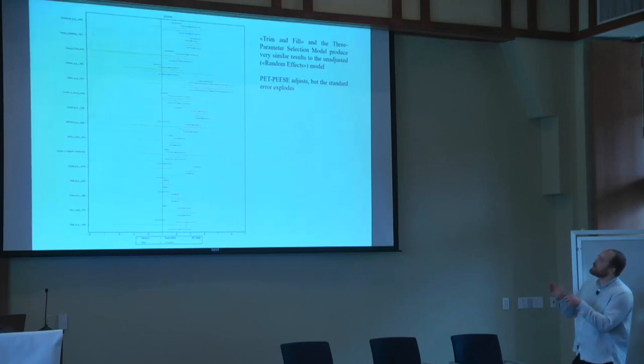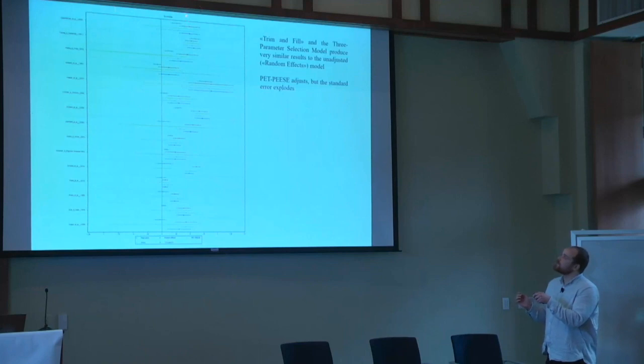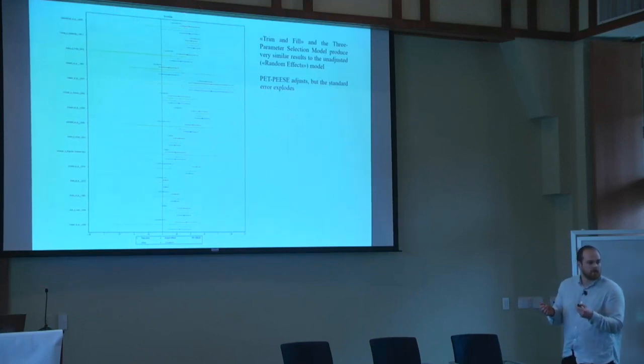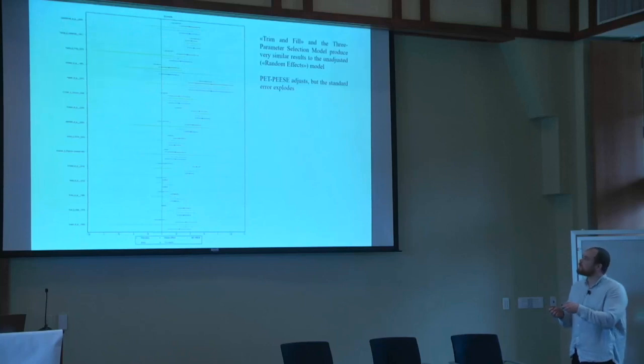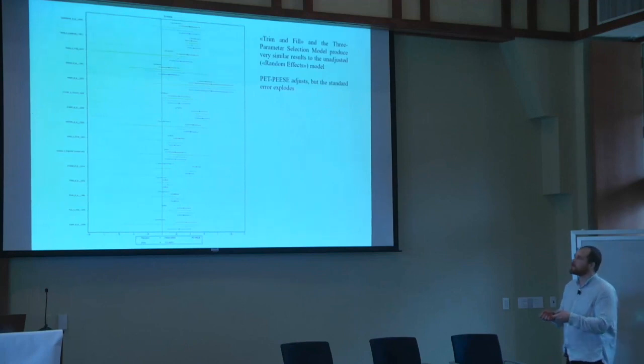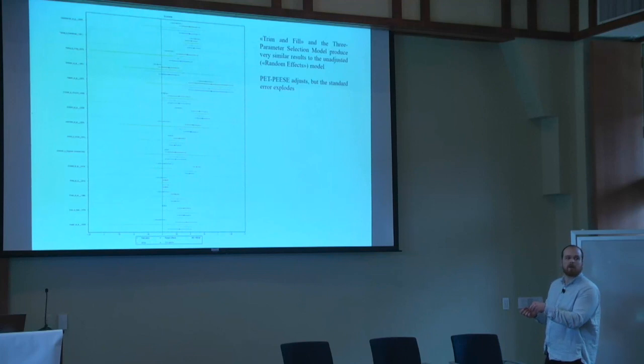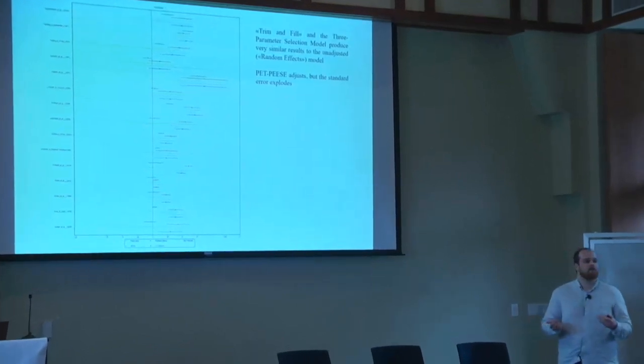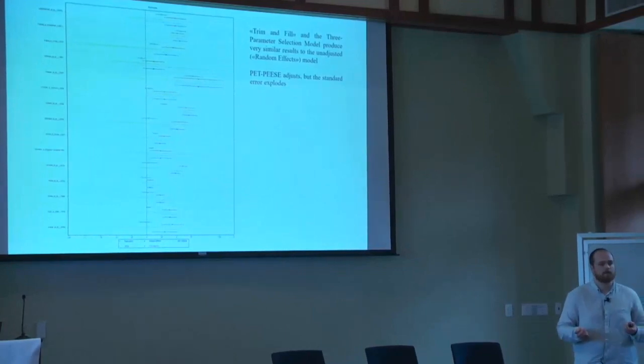And the main takeaway is that the random effects model typically tends to overestimate effect sizes a lot. And also, the estimated false positive rate for the random effects model is 100%, because in all cases where the replication fails to reject the null, the random effects model rejects it.